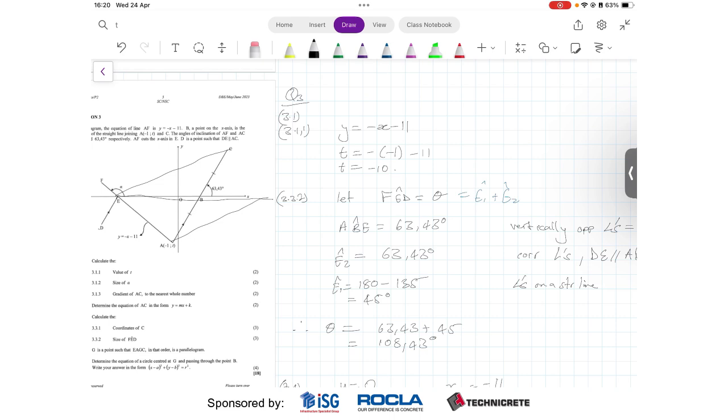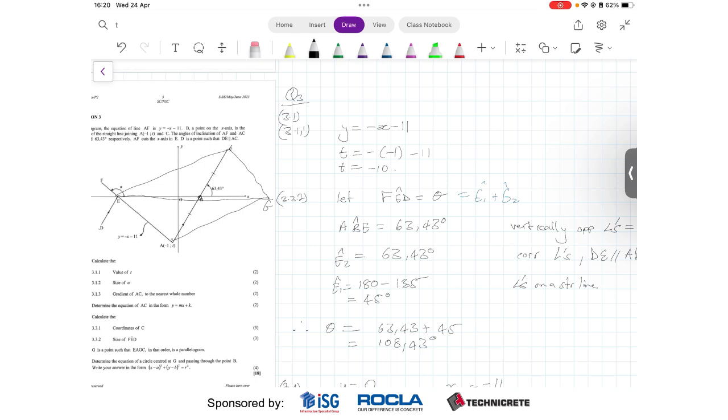There is our parallelogram. I finally found it, okay? This would then be the midpoint, because remember that AC and EG are equal, because the diagonals of a parallelogram are equal, okay?